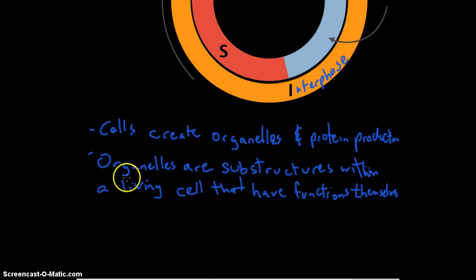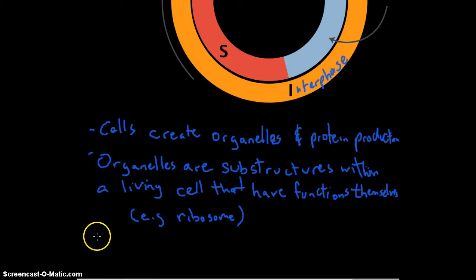So what's an example of an organelle? Well, one organelle inside our cells is an organelle called a ribosome, and that is an organelle that produces proteins.